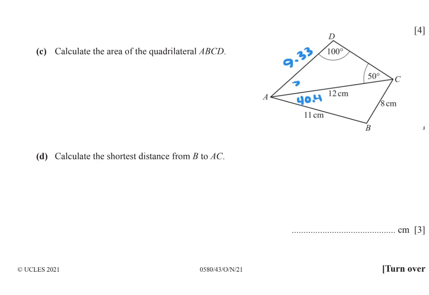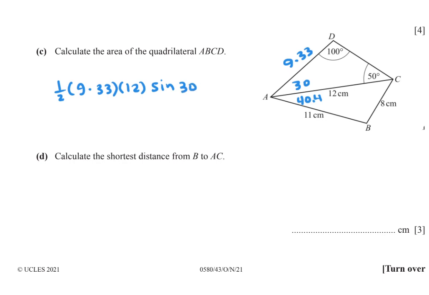Now the area of triangle CAD equals half times 9.33 times 12 sine of the included angle, which is 30.